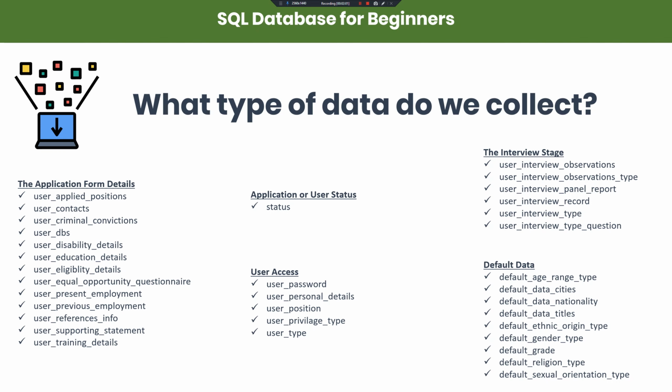And also in terms of the DBS, this relates more to health and social care, or if you are working with vulnerable adults, so they will require you to have your DBS check. So in this database, we're going to be storing that information of the DBS as well, of the job applicant, and we're going to be getting some file that will be uploaded on the system.